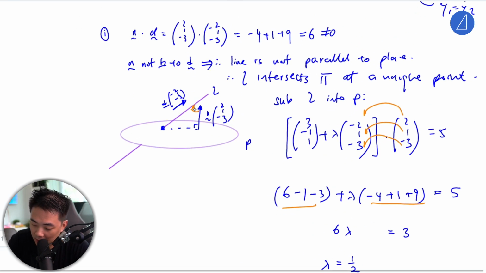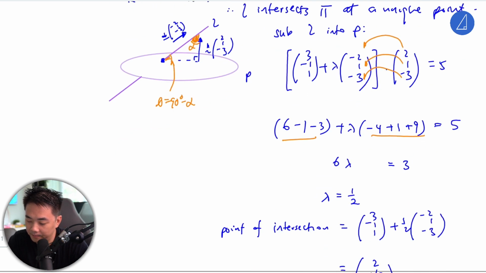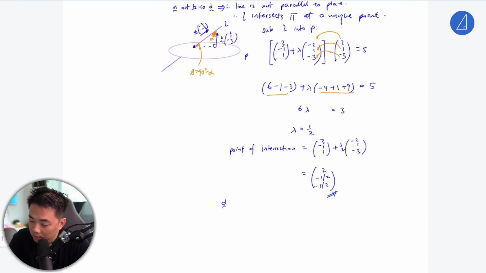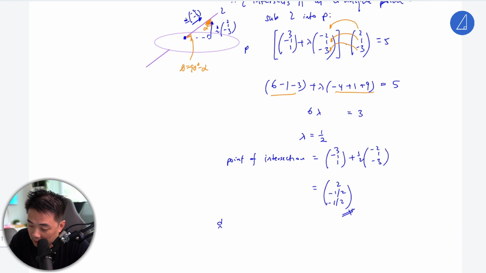This is alpha, and the angle we're going to find is theta, which is 90 minus alpha. Just know that the angle we get when we dot them is the one above. So we're going to dot d and n.